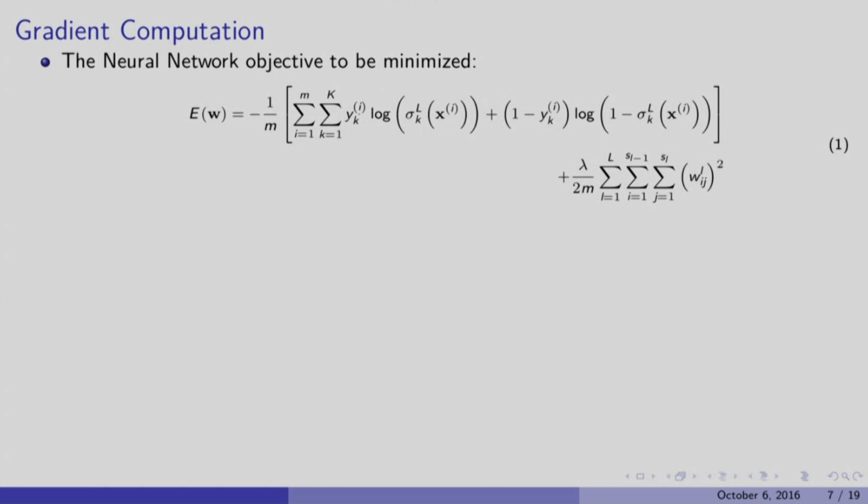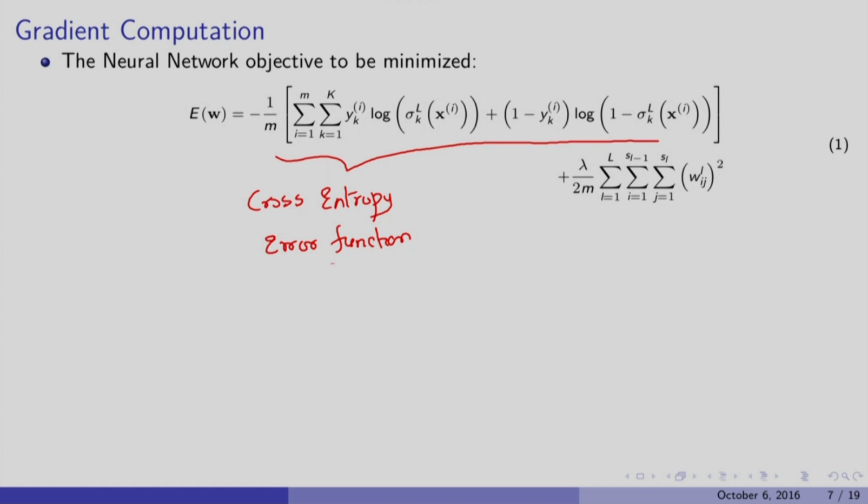Recall the objective to be minimized. It is basically a combination of the cross entropy error function, which is computed at the output layer, the layer corresponding to capital L that we see here.